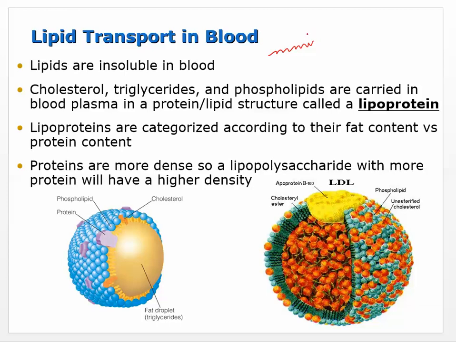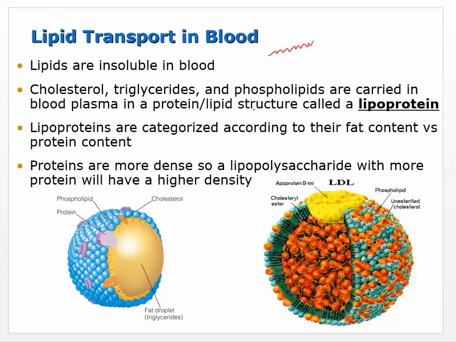Okay, so they don't readily dissolve in water like something that is charged or hydrophilic would be. Lipids are hydrophobic, so if you just dumped a bunch of lipids just as they are into the bloodstream, they would kind of all form like this bead and actually kind of get in the way. So that's not how they're moved through the bloodstream.